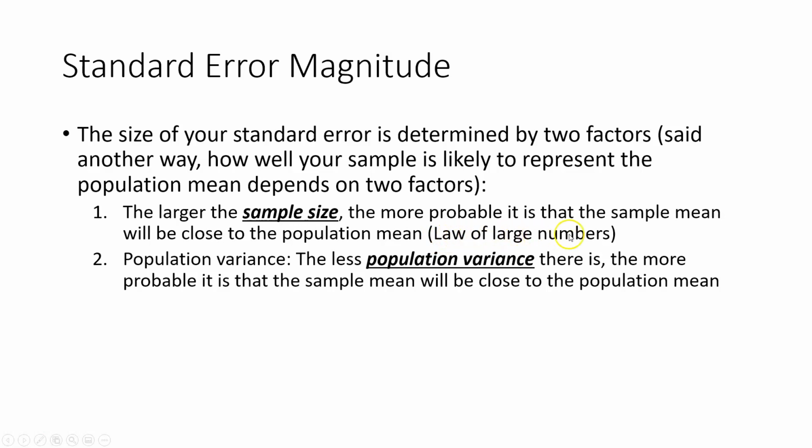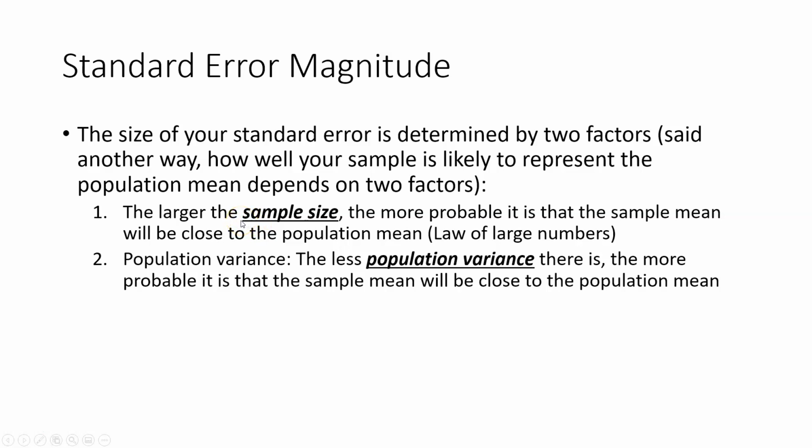This is known as the law of large numbers. To repeat the example we used before, if you had a sample from the United States that was just 20 people, and you were trying to guess anything about the whole population of the United States, who they would vote for president, or how tall the average person is, or what their IQ is, then you probably couldn't say very much about the population because your sample would be pretty small.